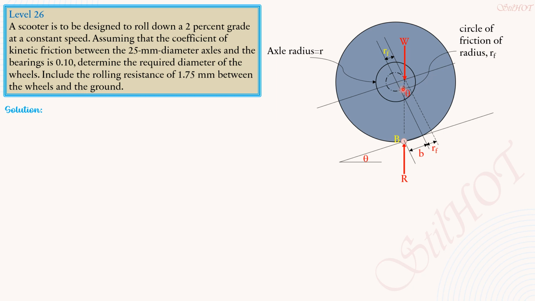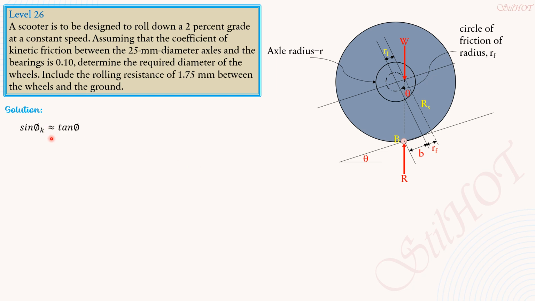sine or tangent of theta, as long as it is small, equals opposite over adjacent or opposite over hypotenuse. So let's call this R sub S, the radius of the scooter.